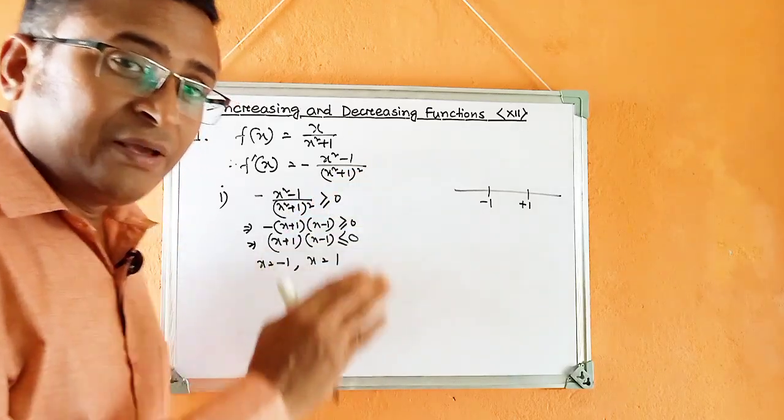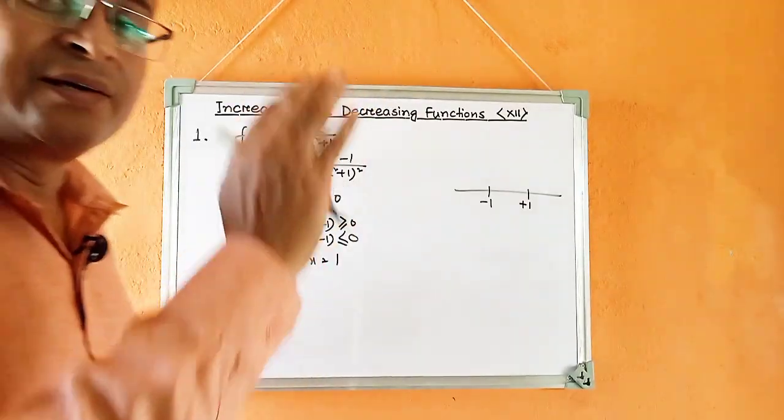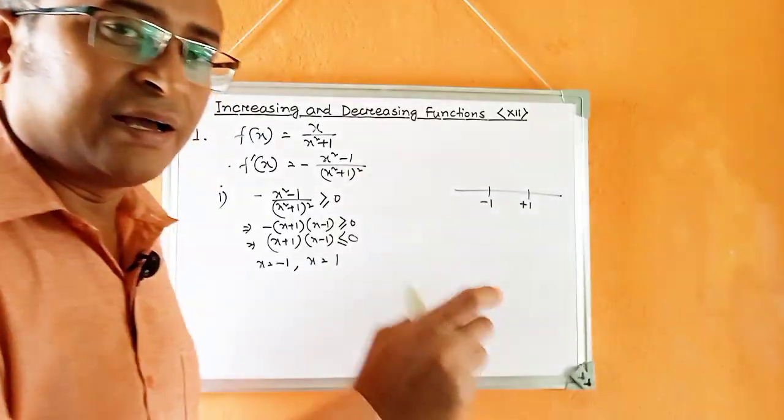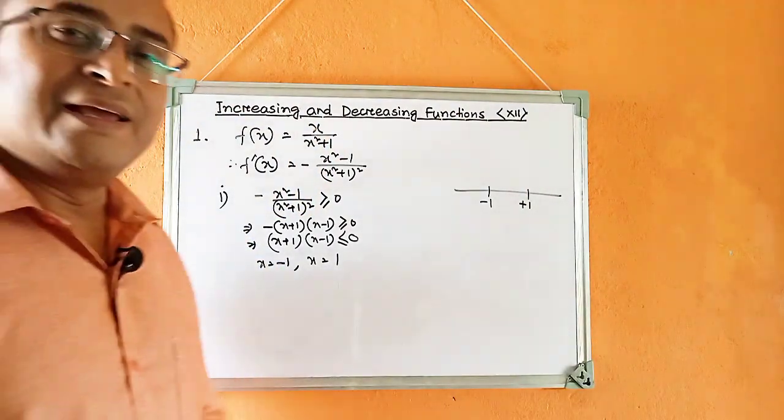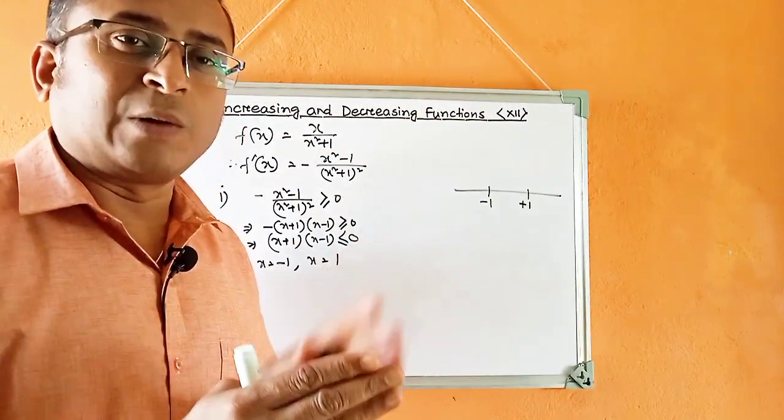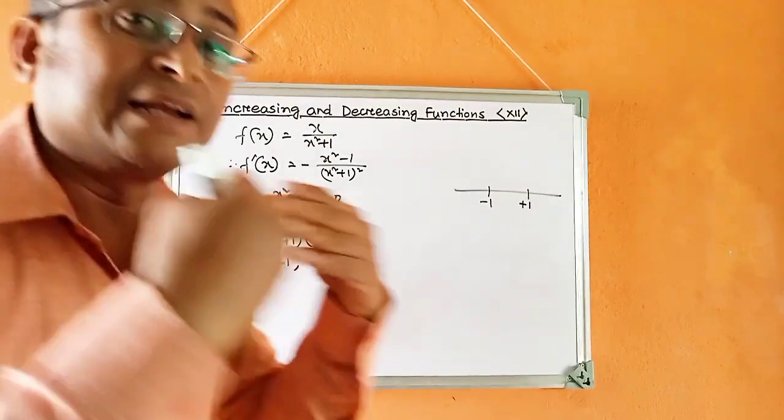So we find f dash x is greater than 0 in the range of minus 1 to plus 1. So in between minus 1 and plus 1, this is an increasing function.